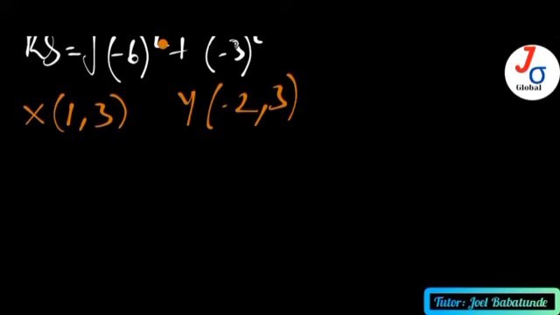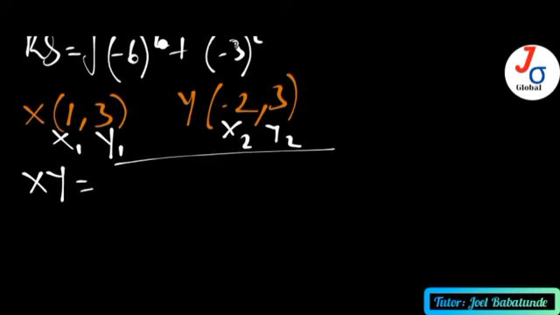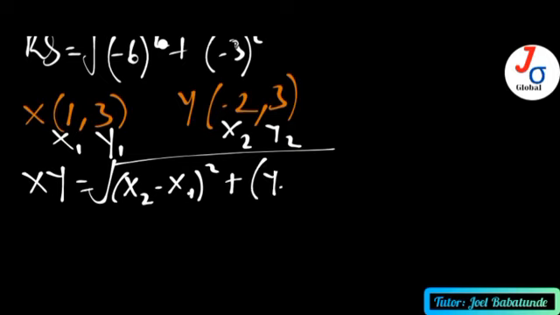So this is x1, this is y1, this is x2, and this is y2. Remember that formula? XY then becomes square root of x2 minus x1 squared plus y2 minus y1 squared.